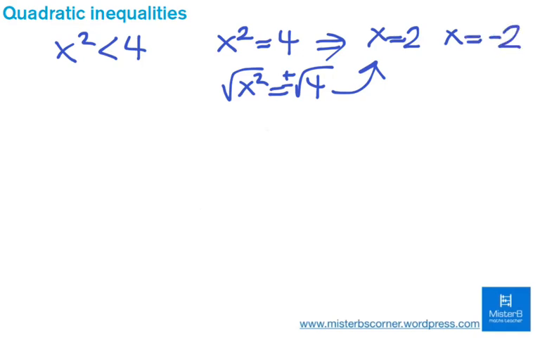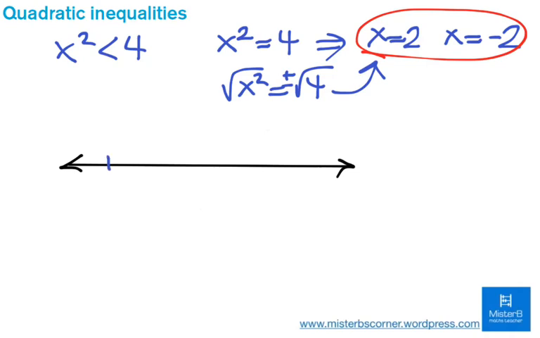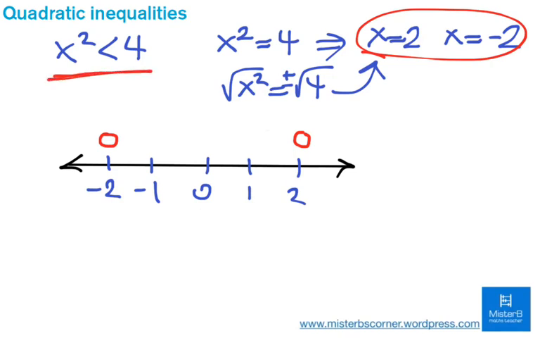So we're going to use these borders to solve this inequality. Now if you consider the number line as minus 2, minus 1, 0, 1, 2 and so on, our borders are here, right? It's 2 and minus 2. Now the question is, what x values will satisfy our inequality?